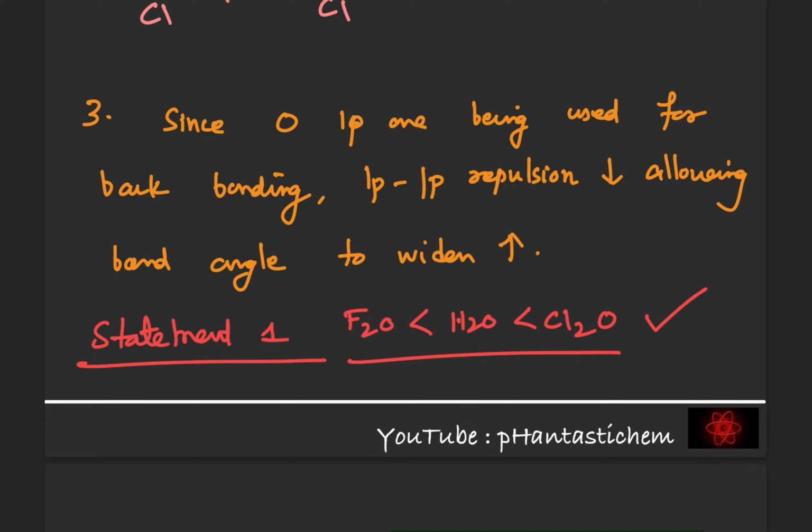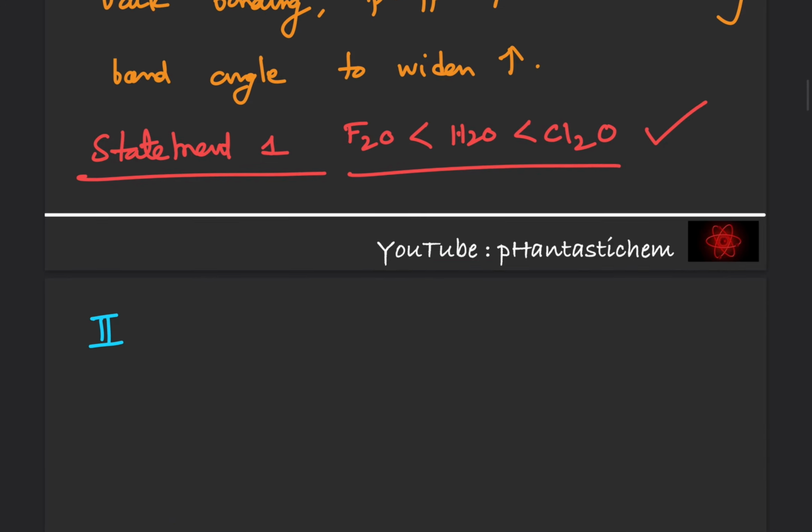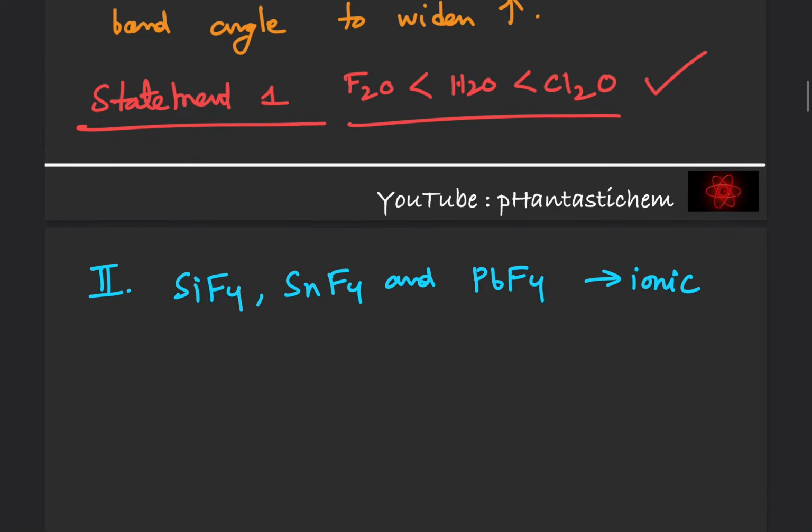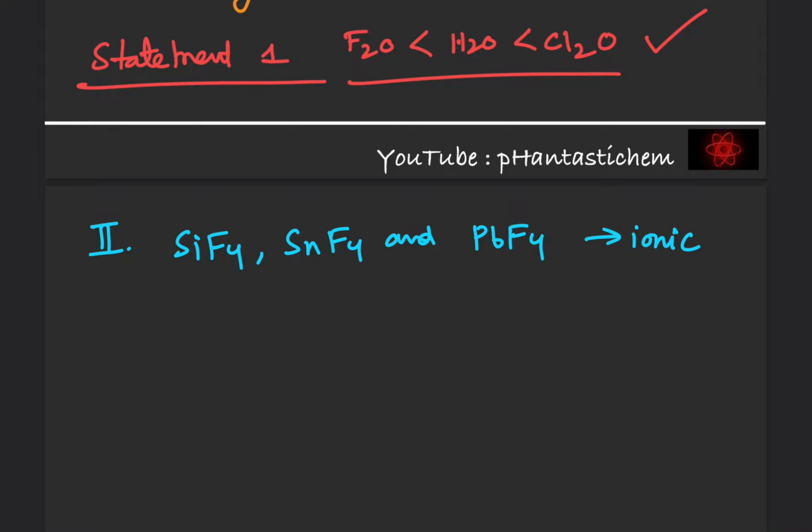Now coming to the second statement. The second statement says that SiF4, SnF4 and PbF4 are ionic. All three of them are ionic in nature. One thing to know is that no bond is 100% purely ionic or 100% purely covalent. They have some ionic percentage and some covalent percentage, depending upon which we say it is predominantly ionic or predominantly covalent.